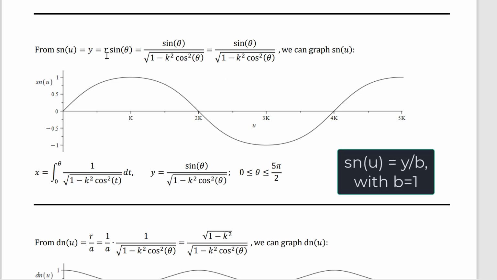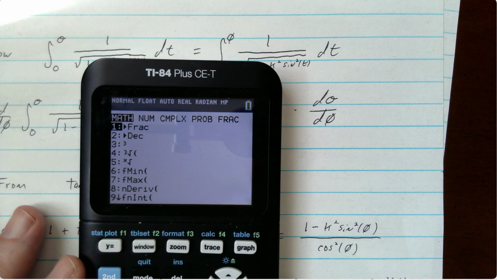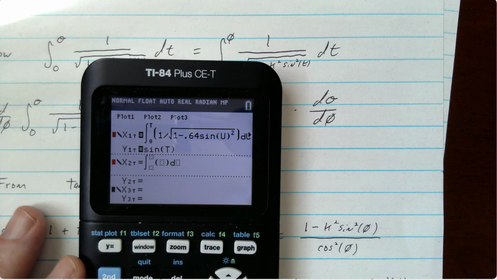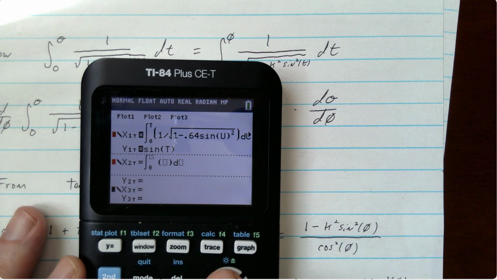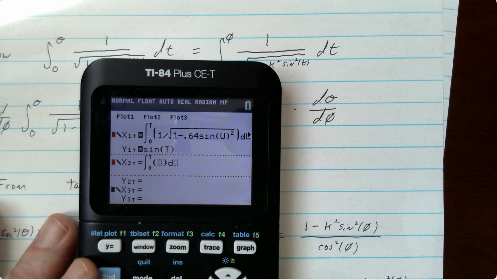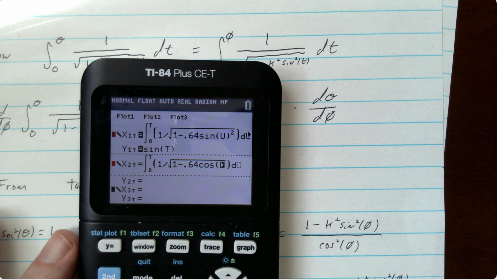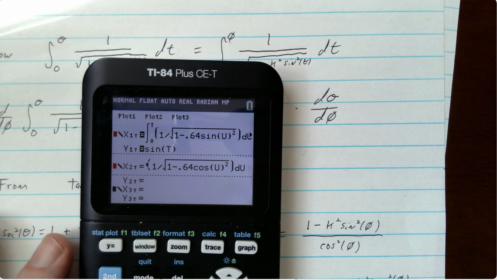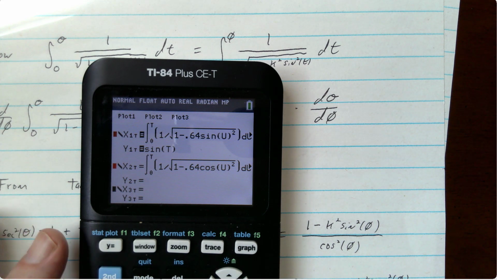More generally, the y value divided by b, but b is 1 here. We got our integral. We'll go from 0 to t. I really want it to be theta, but it's not an option. Of the integrand, I don't even have to use u here, but I will use u. So that's x, and now y will be r times sine, but it's sine divided by that square root.